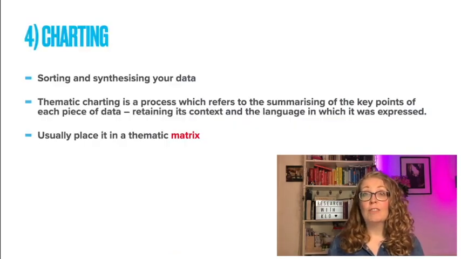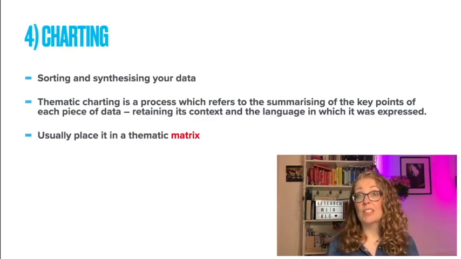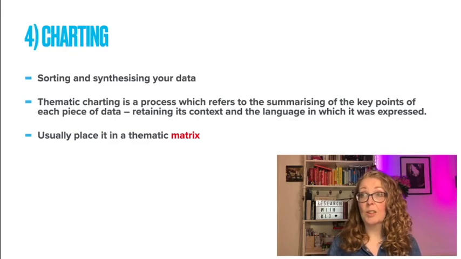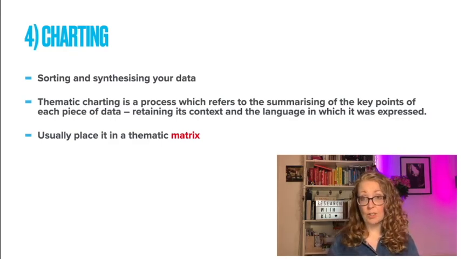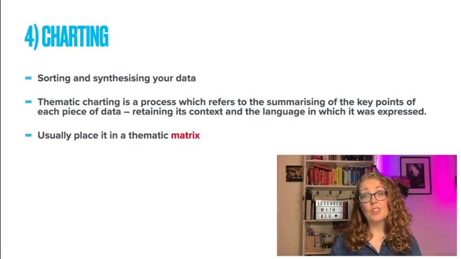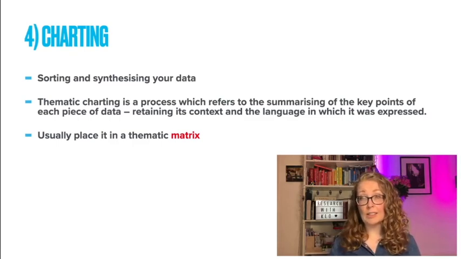So once you have developed that framework, you have then indexed, so you've applied it to all of your data. You now want to start charting. So this is where you're sorting and synthesizing your data. As the authors themselves say, it's a process which is about summarizing key points of each piece of the data. You want to try to keep the context and the language in which it's expressed.